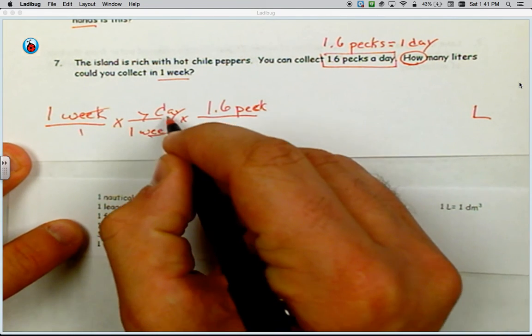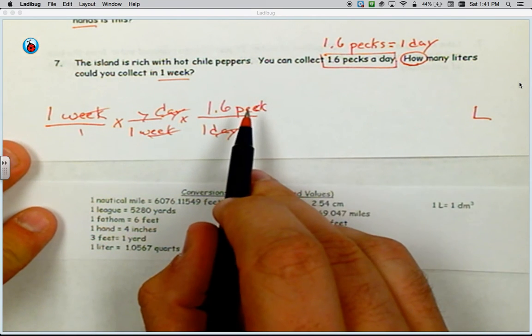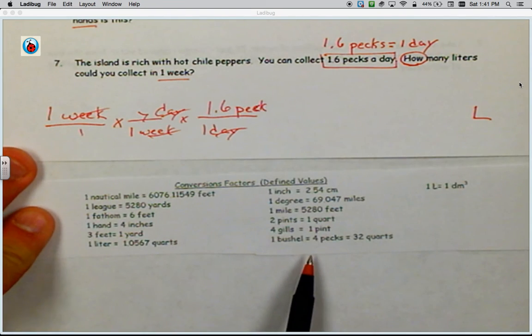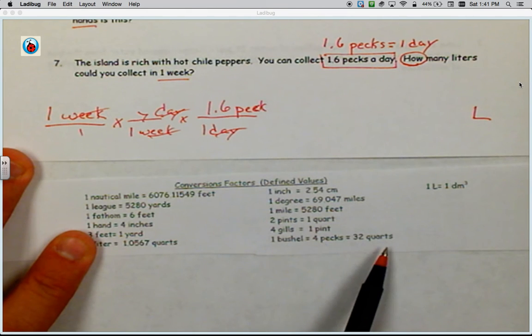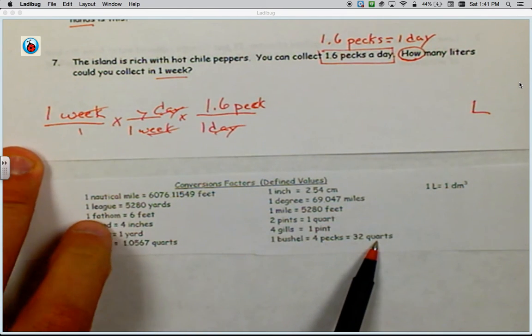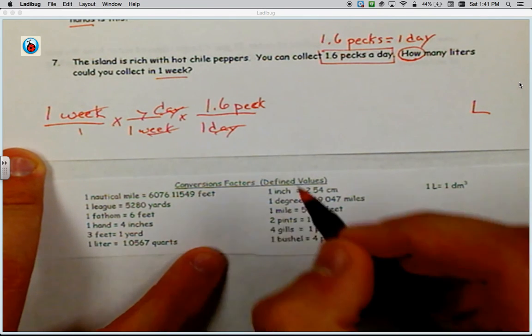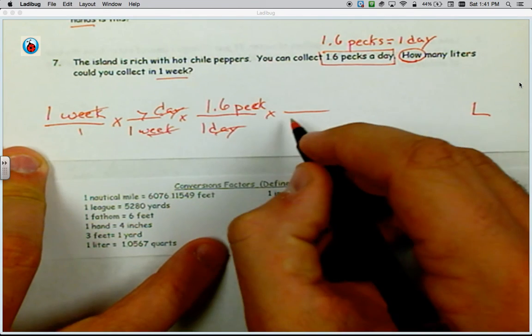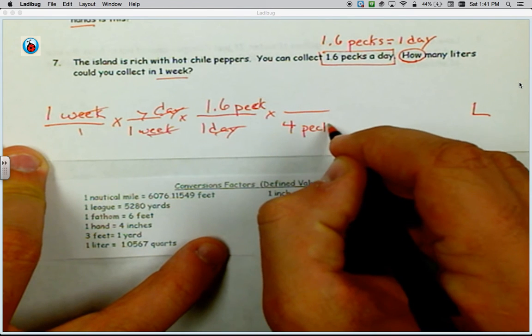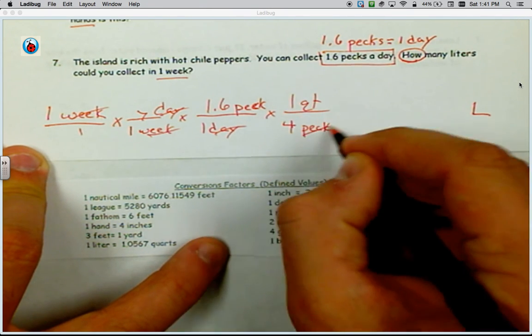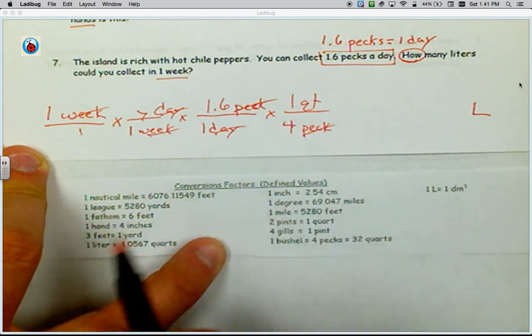Weeks have canceled, days canceled. We're into pecks. What do we know about pecks? Well, we know that 4 pecks is 32 quarts, and then we can get from quarts over into liters. All right, 4 pecks, 1 quart. Pecks cancel. We're into quarts.